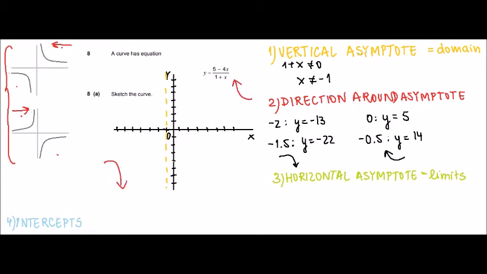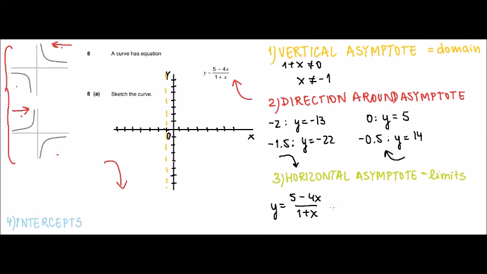The third step is the horizontal asymptote, using the limits. We want to know which number y tends to as x goes to infinity. The equation tells us that y is equal to (5 - 4x) over (1 + x).